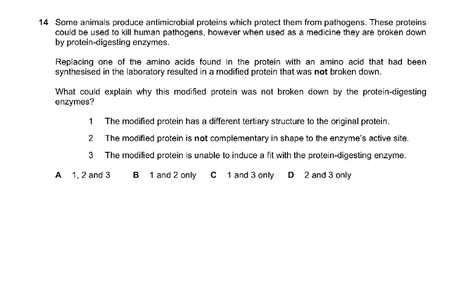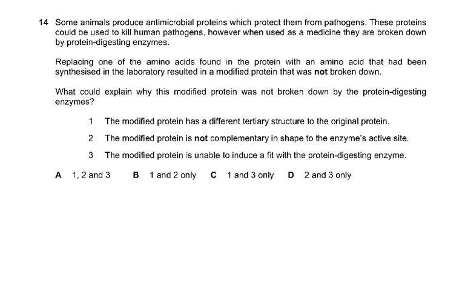However, when used as a medicine, they are broken down by protein digesting enzymes. So if they're given as a medicine, then you have the famous protein digesting enzyme pepsin in the stomach. But they haven't said anything about the enzyme. They've said it's a protein digesting enzyme. Replacing one of the amino acids found in the protein with an amino acid that has been synthesized in the laboratory resulted in a modified protein that was not broken down. So the pepsin was unable to break down this protein.